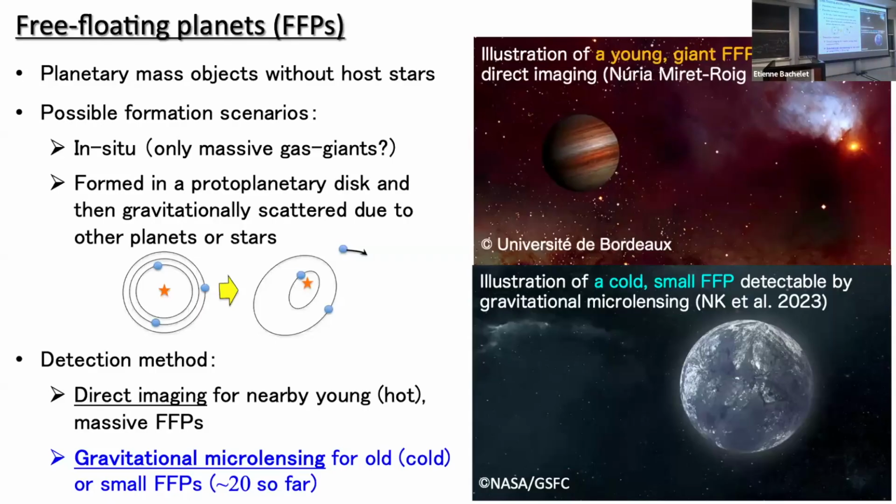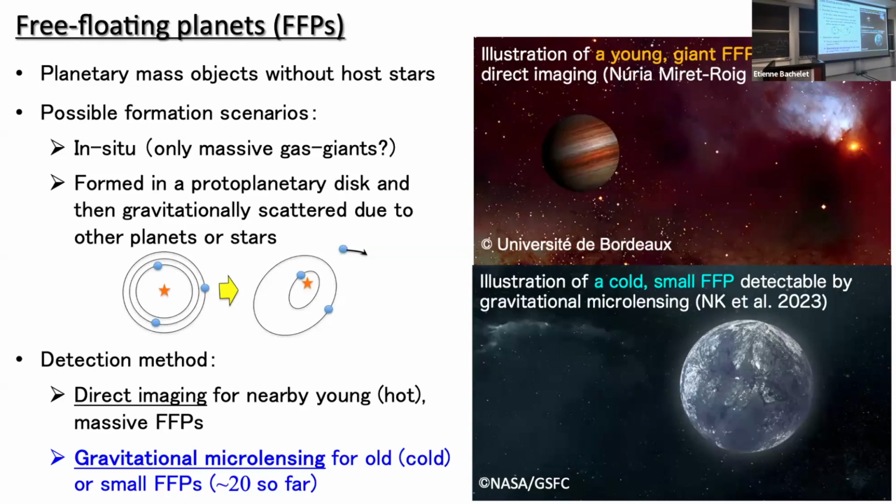Okay, so I think I can almost skip this slide, but free-floating planets, or FFPs, are planetary mass objects that do not have host stars. As for the formation scenarios, in-situ formation might be possible for massive gas giants, but most of them are thought to be formed in a protoplanetary disk and then gravitationally scattered due to other planets or stars.